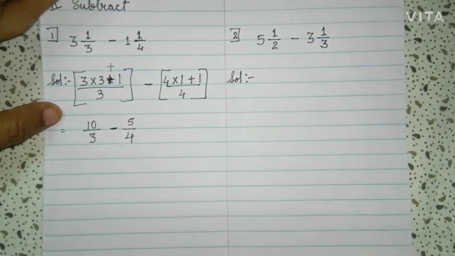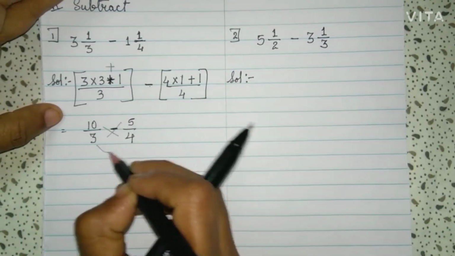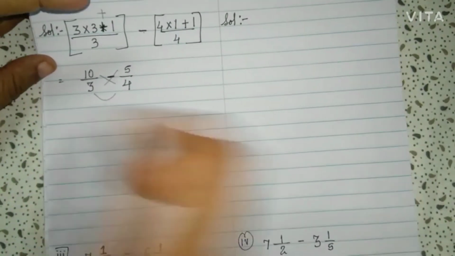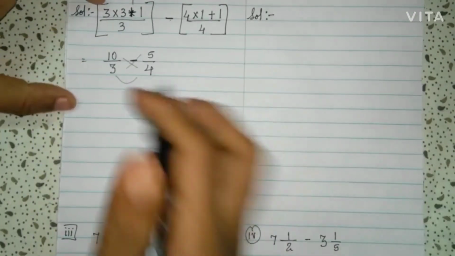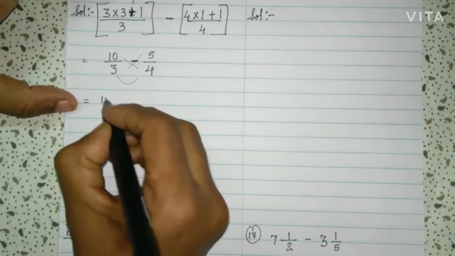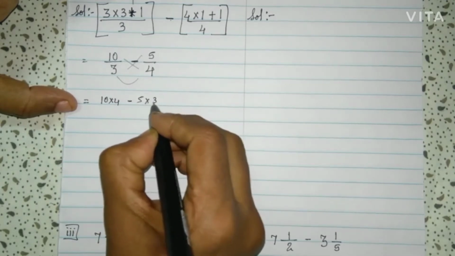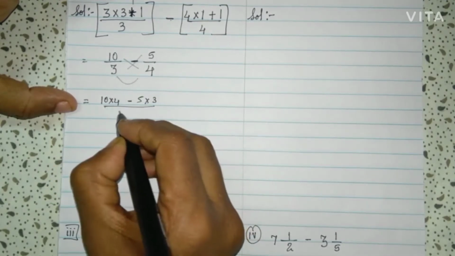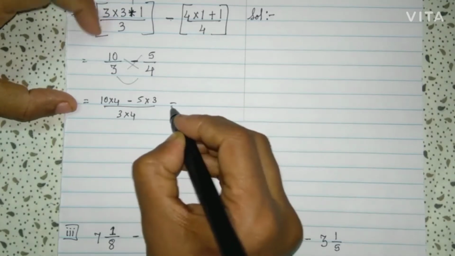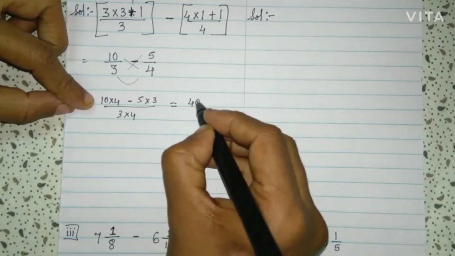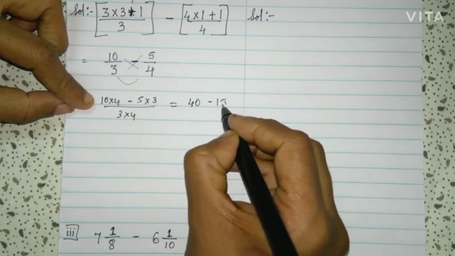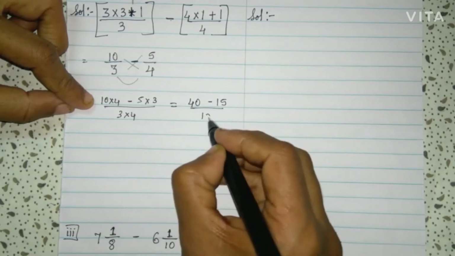Denominator is not equal, so you have to do cross multiplication. Cross multiplication will be 10 into 4 minus 5 into 3 upon 3 4s are. Okay, so 10 4s are 40 minus 5 3s are 15 upon 3 4s are 12.